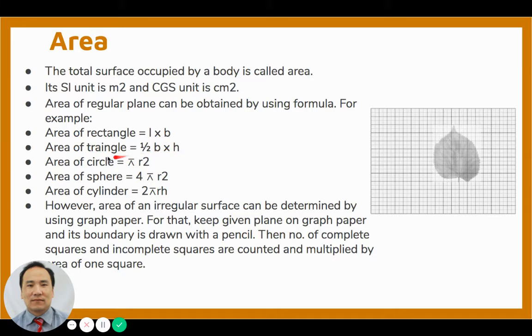For the area of a circle, pi r square, where r represents the radius of the circle. To calculate the area of a sphere, we use the formula 4 pi r square. And to find the area of a cylinder, we apply the formula 2 pi r h, where h represents the height of the cylinder.